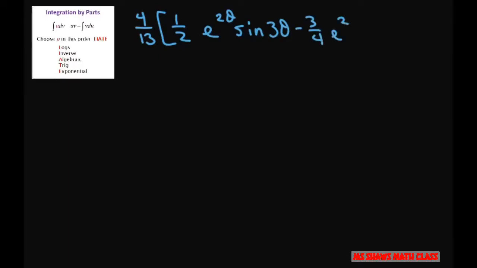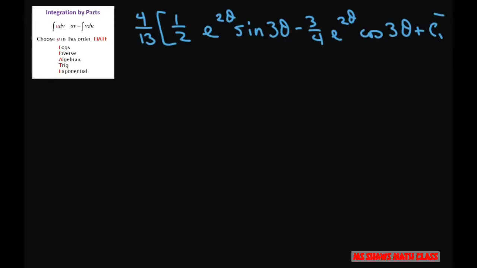You're going to get 4/13 times 1/2 e to the 2 theta sine of 3 theta minus 3/4 e to the 2 theta cosine of 3 theta plus C1.